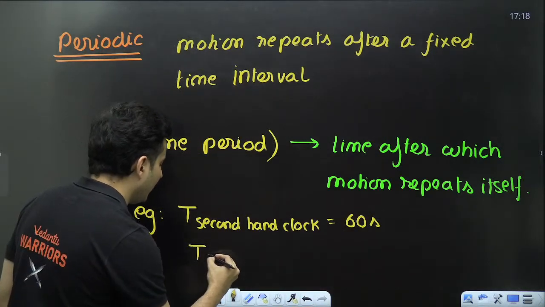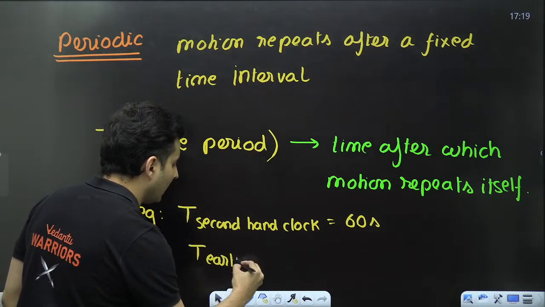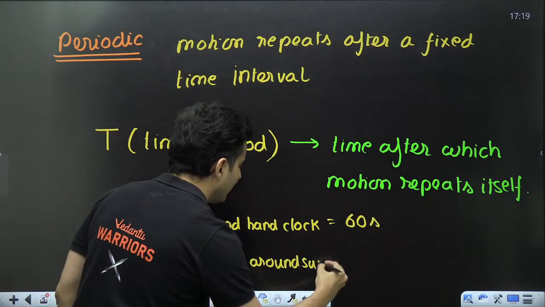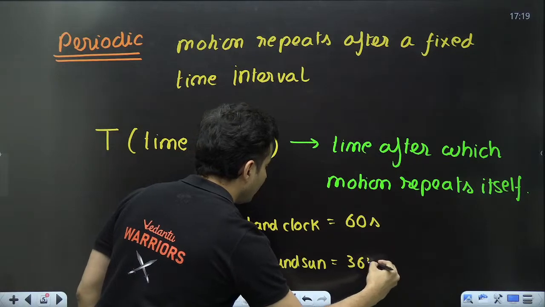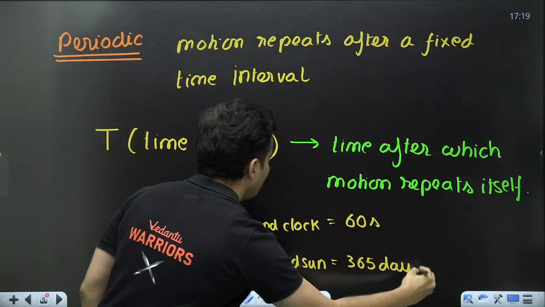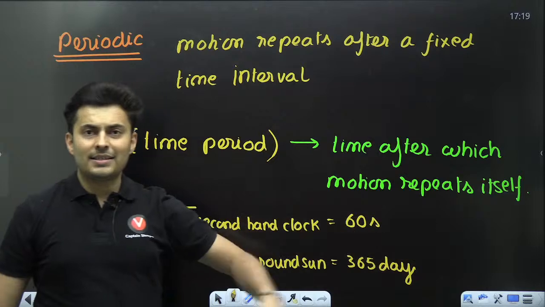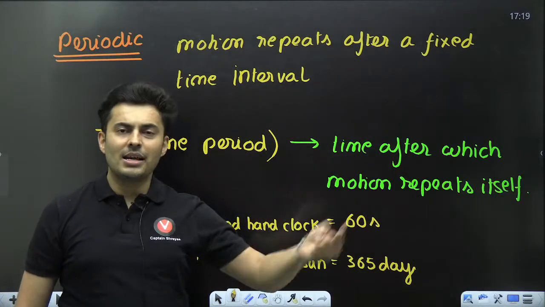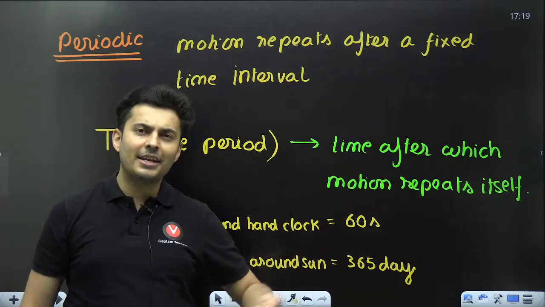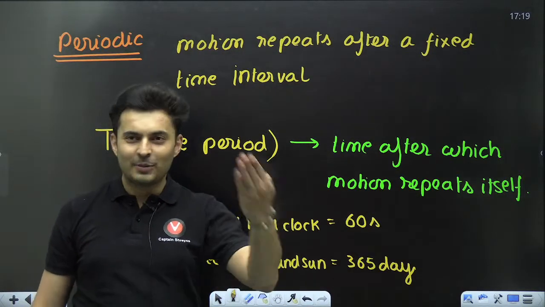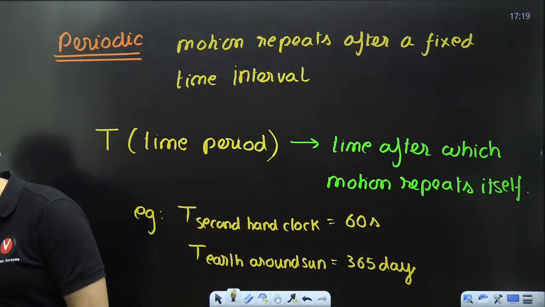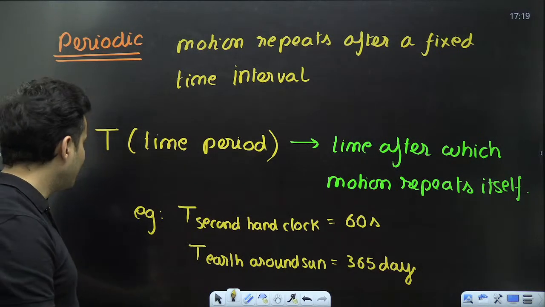The time period of the revolution of the earth around the sun? It is 365 days. So after 365 days, it will repeat itself approximately, and continuously it will keep on doing the same things again and again every year. That's why you celebrate your birthday every year. Very good.